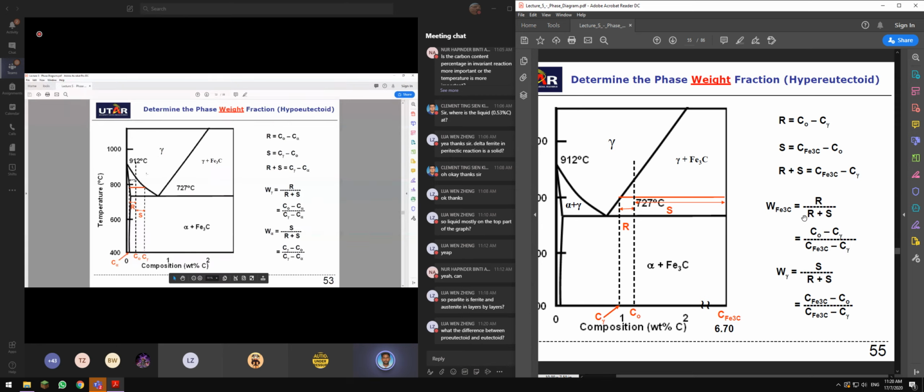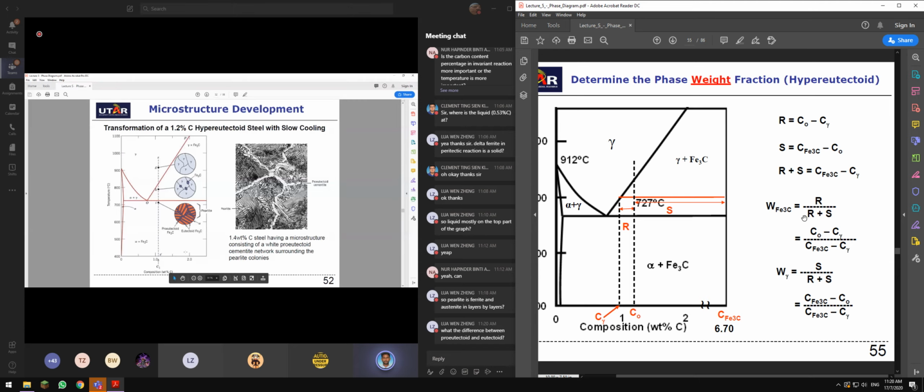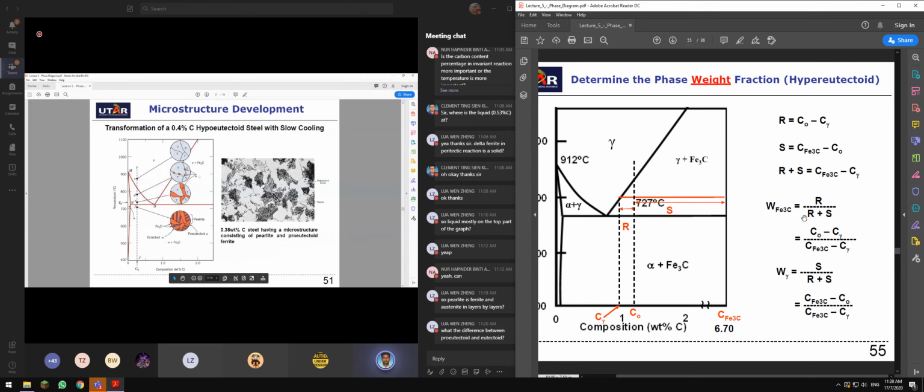Okay, what is the difference between pro-eutectoid and eutectoid? Pro-eutectoid is the formation of earlier ferrite. Here you have ferrite, right? These have formed first.